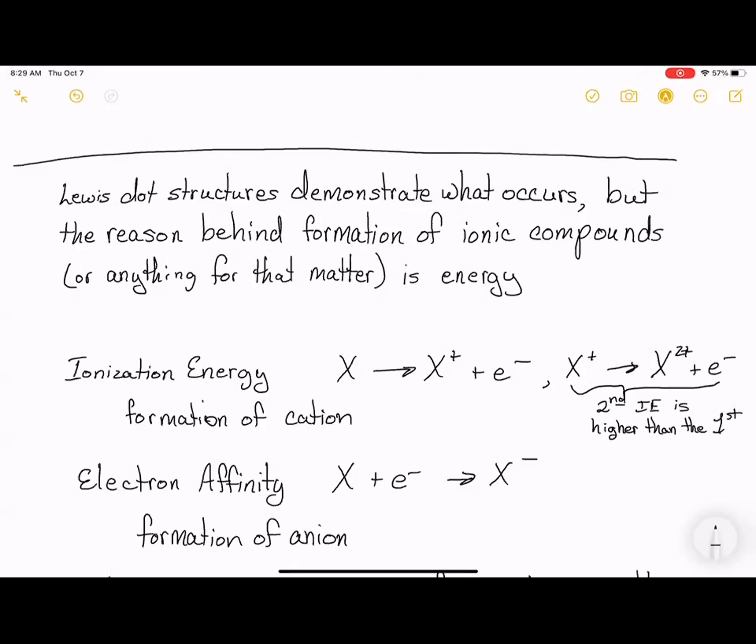So again, ionization energy describes the energy associated with making the cation in an ionic compound. The electron affinity is the energy associated with making the anion in the compound. Again, this usually occurs in a stepwise fashion, meaning we'll make a -1 and then add another electron to make the -2.